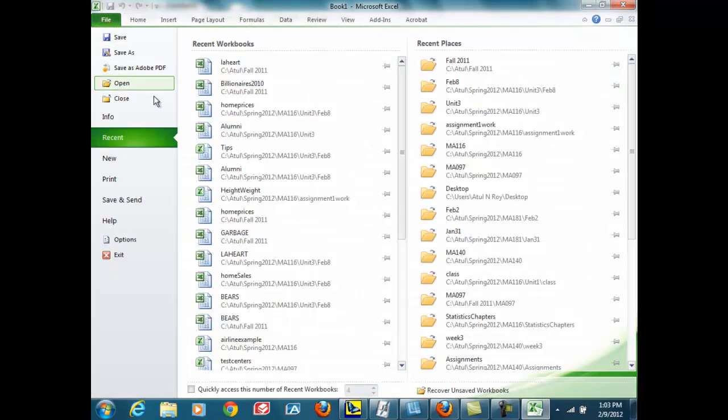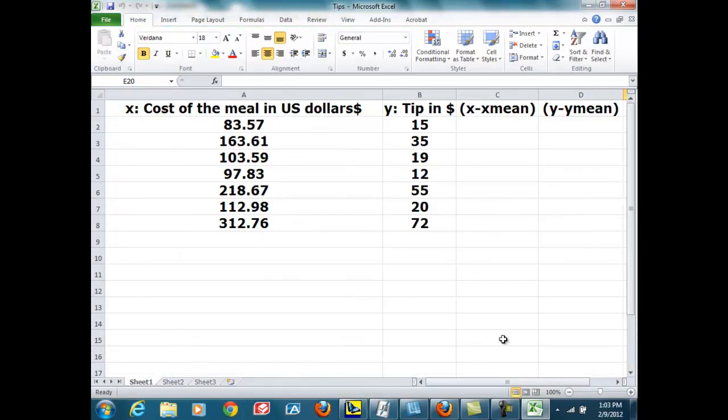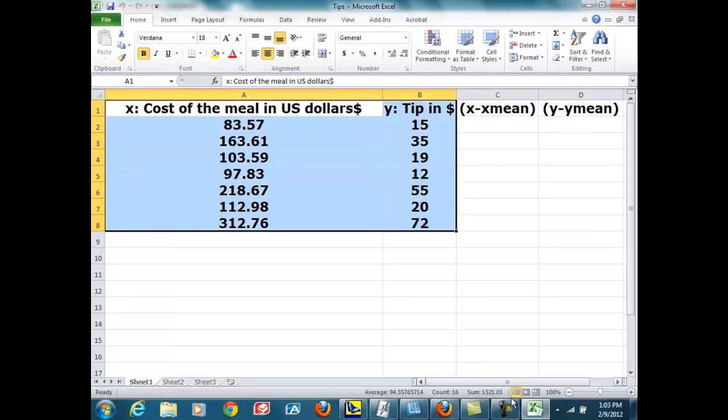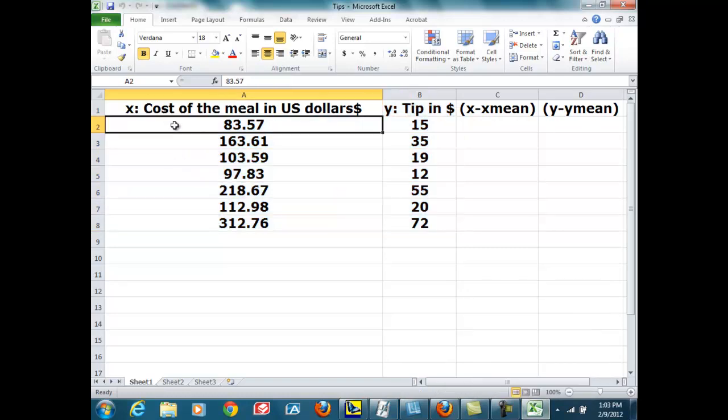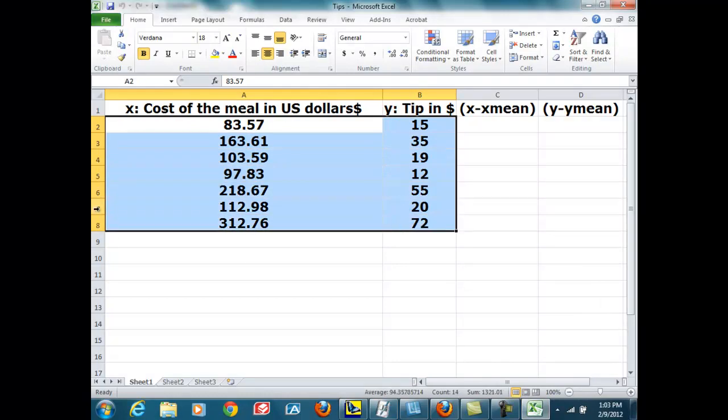Okay, so let me get this data. This data shows, first of all, how many values do we have here? We have 7 pairs of values, right?